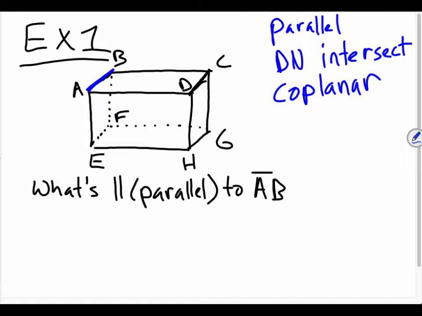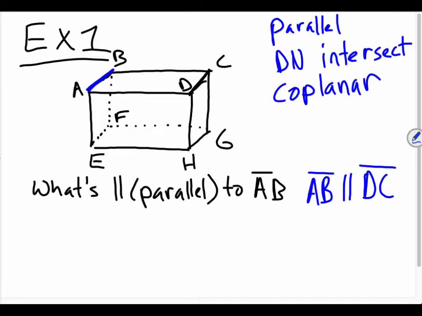Okay? And so, let's start with the top of the box. What line segment is parallel to AB that's on the top of the box? DC. So I would write AB is parallel to DC. Okay?